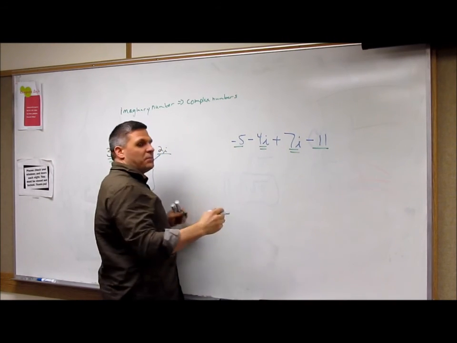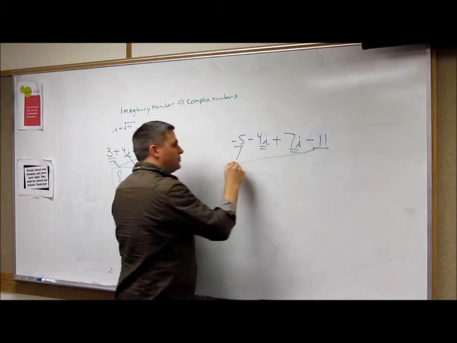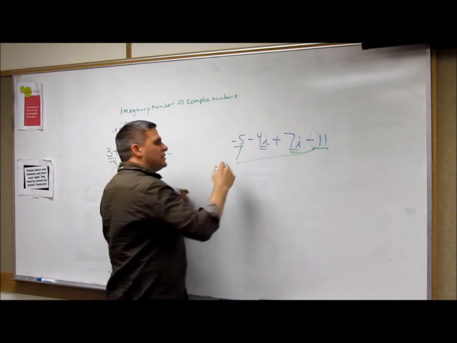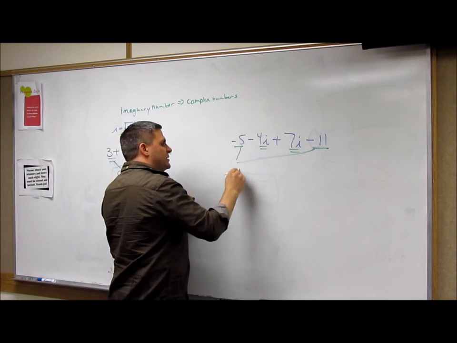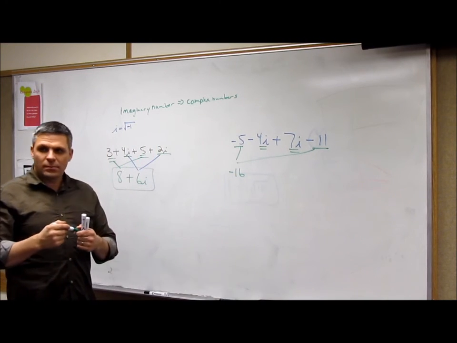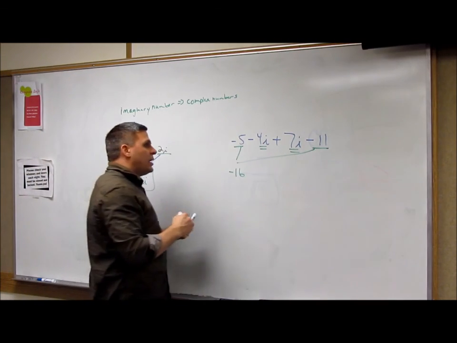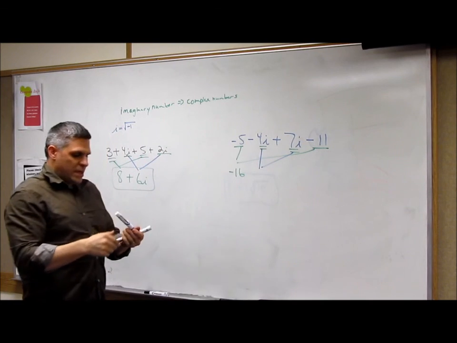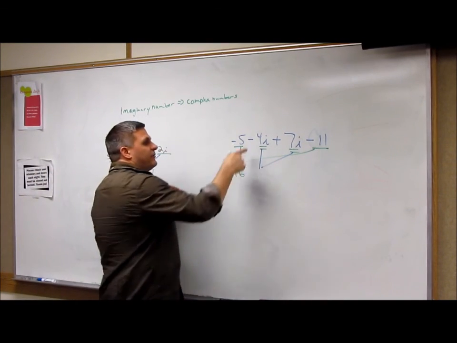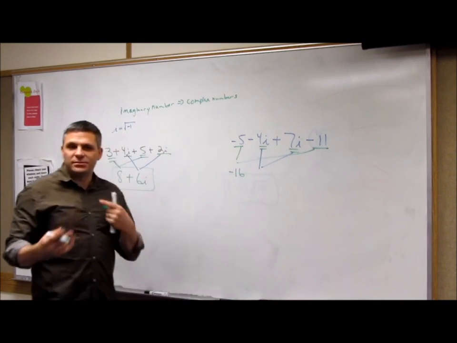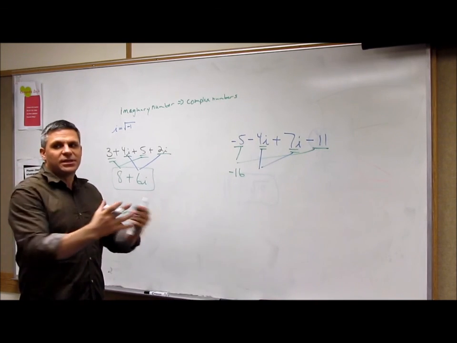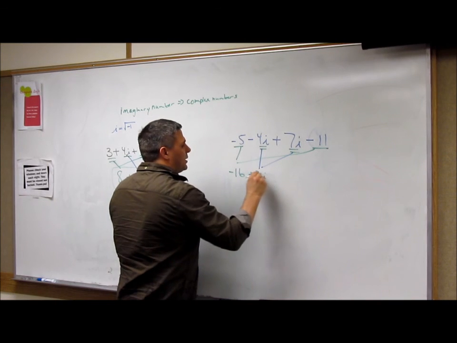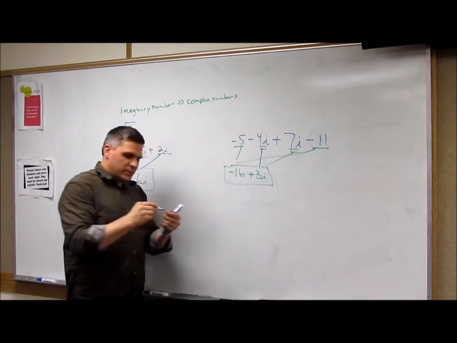Numbers first. These are both negative, so it's going to become more negative. So we have negative 16. And then we're going to have negative 4i plus 7i. Again, they're opposite signs, so the result is in the middle of them. So plus 3i, and we're good.